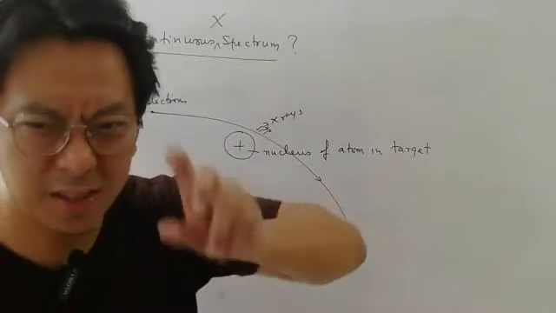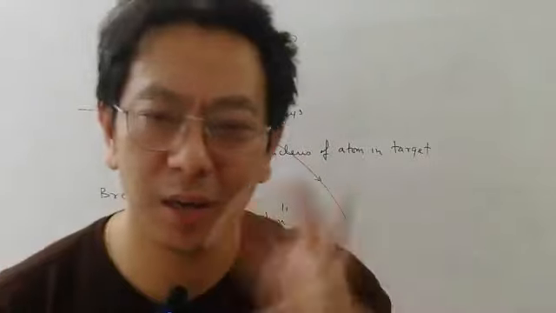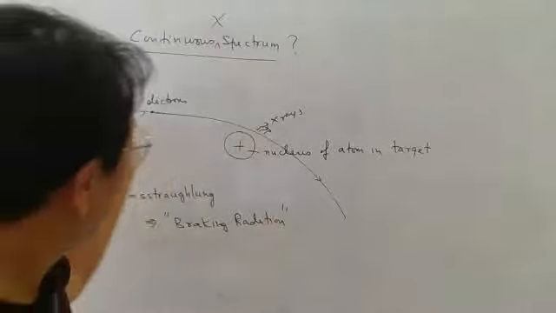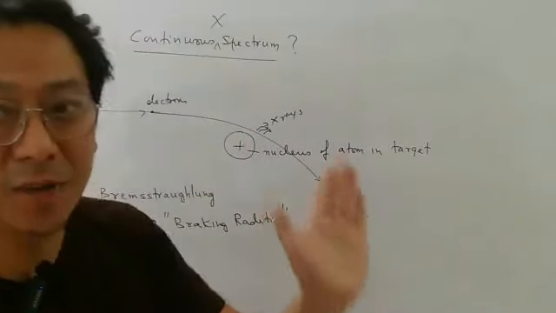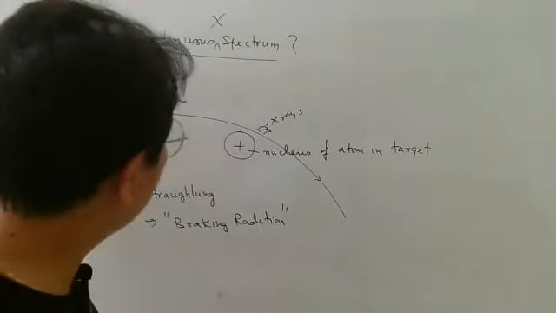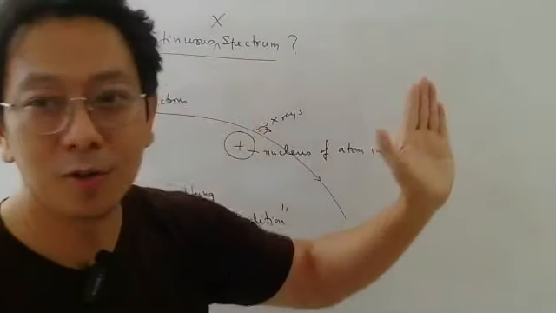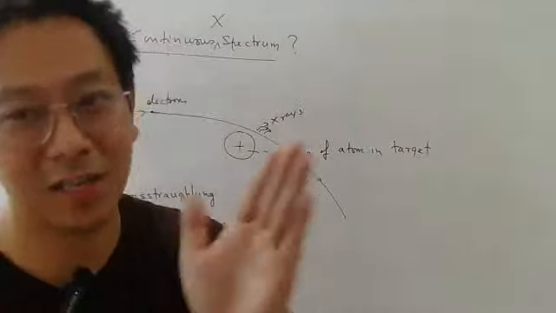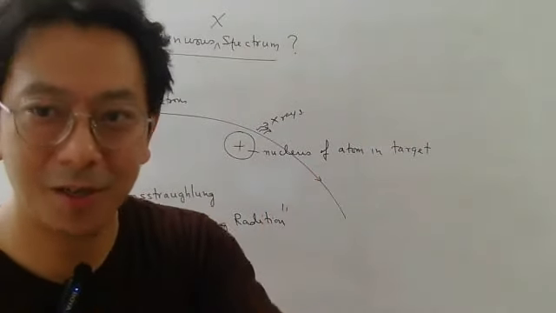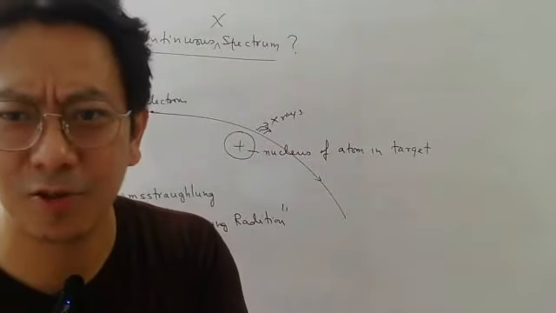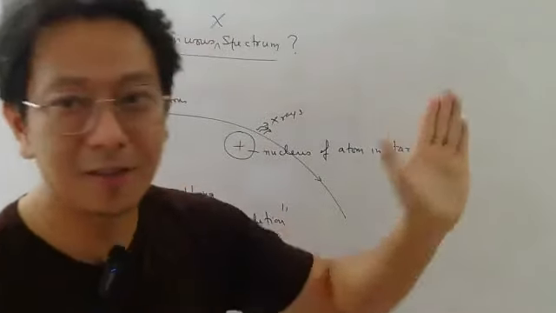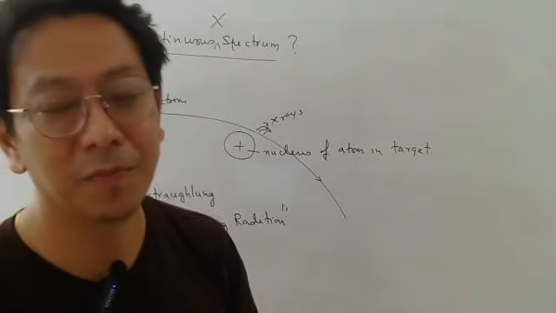According to Maxwell, there is a formula called Larmor's formula, but we don't need to know all that. So as charge accelerates, it emits X-rays. And since it loses speed continuously, these X-rays also will have energy continuously. Right? If I lose energy continuously, you will gain energy continuously. And thus these X-rays will have continuous spectrum.